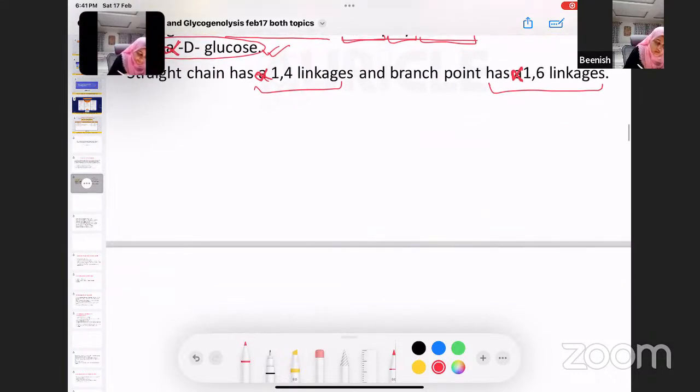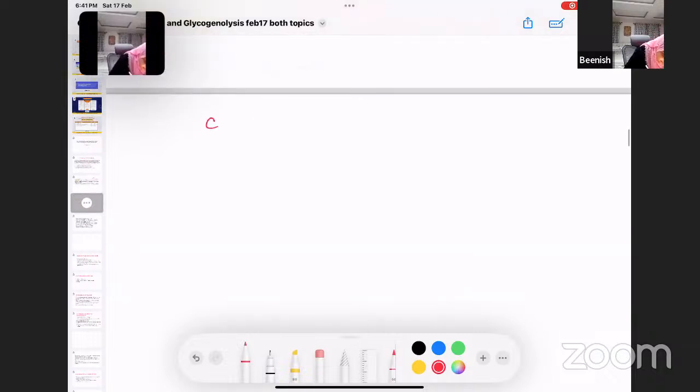Now your glucose, as you all know, is a 6 carbon compound. 1, 2, 3, 4, 5, and here comes 6.